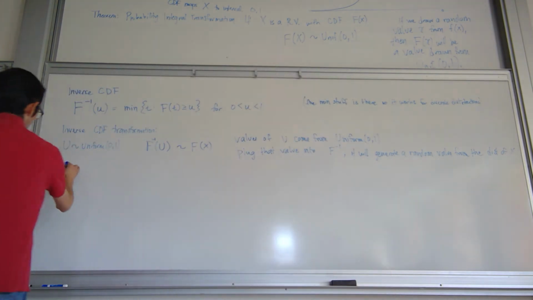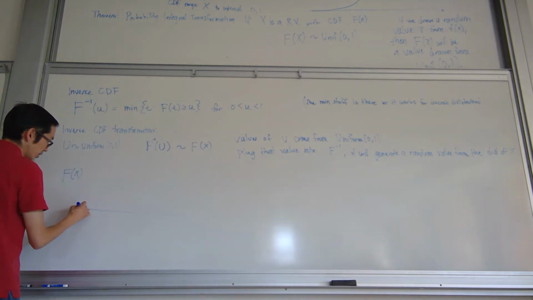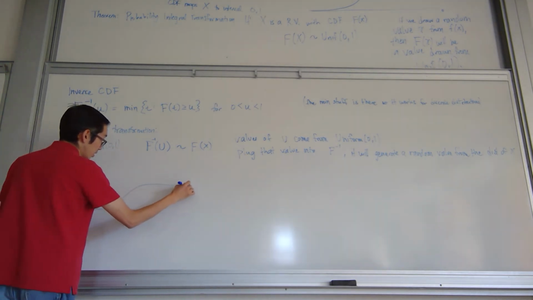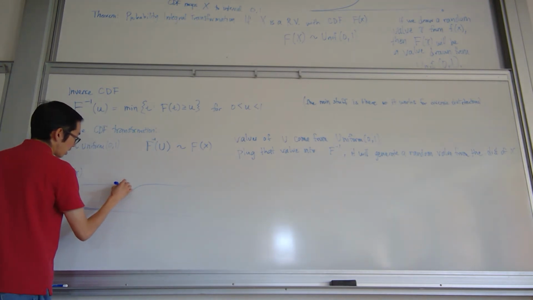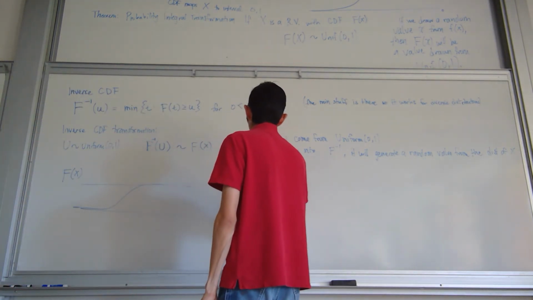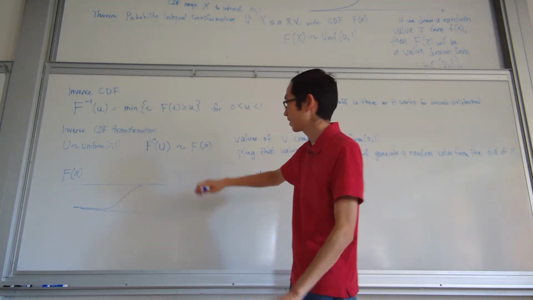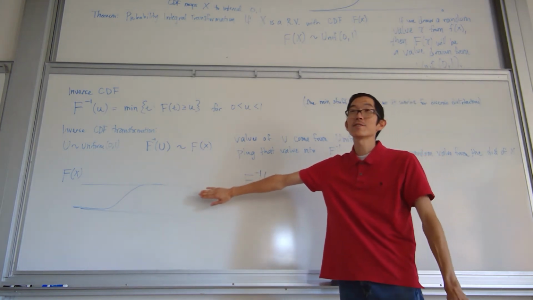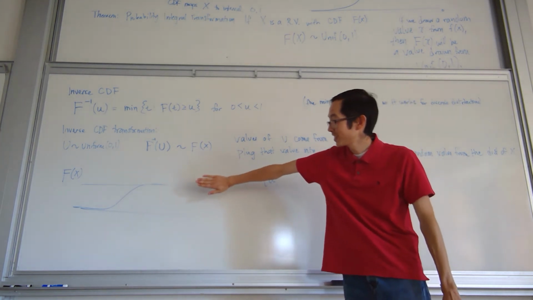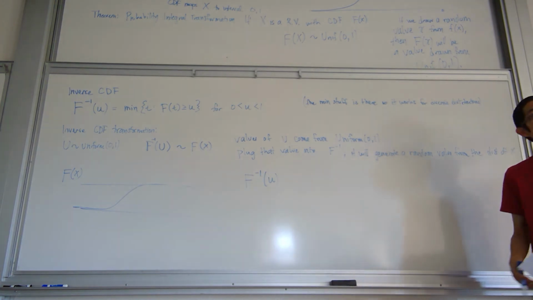Okay, so if F of X for the normal distribution looks something like this, then the inverse, when you take a function and you do its inverse, you flip it along the axis y equals x.